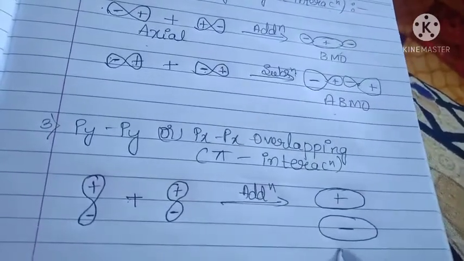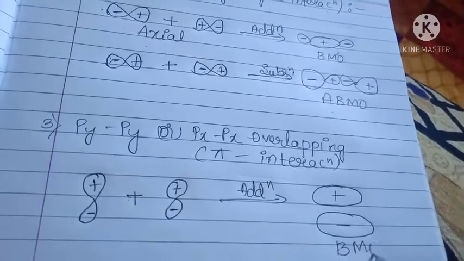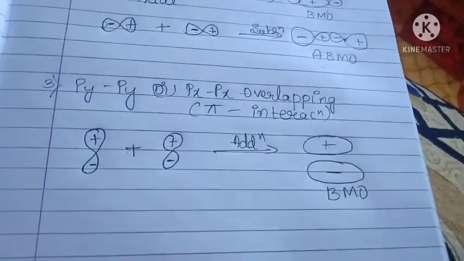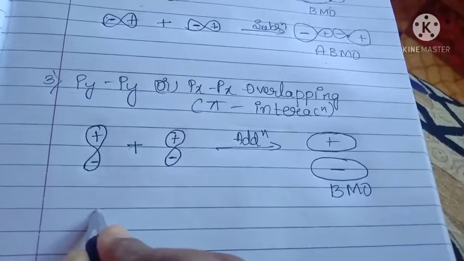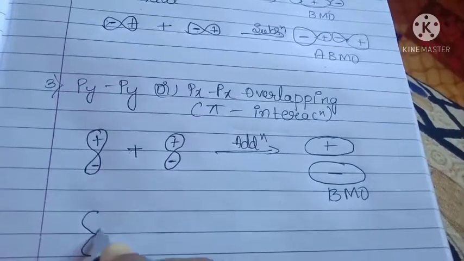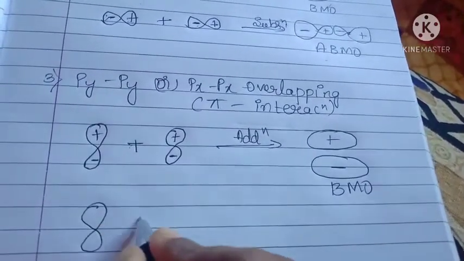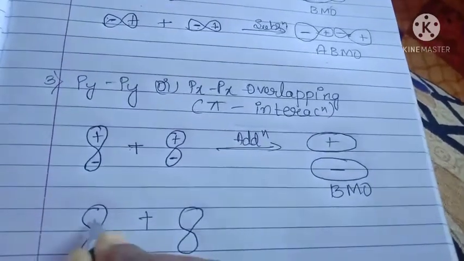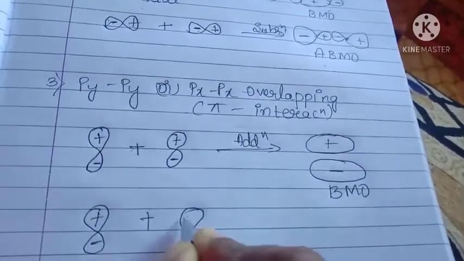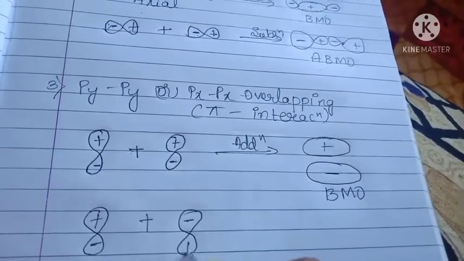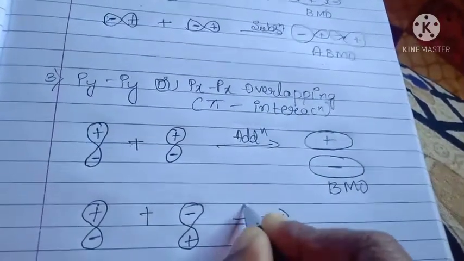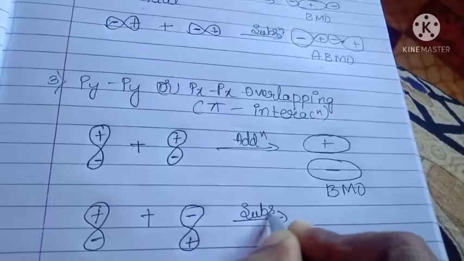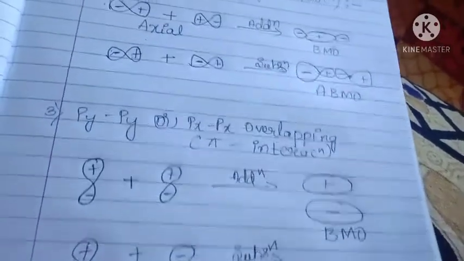In the bonding molecular orbital, the same sign should overlap, but in the ABMO the opposite sign should overlap.